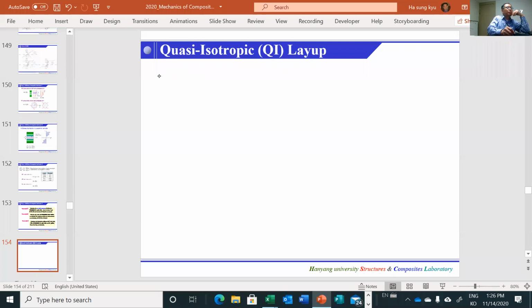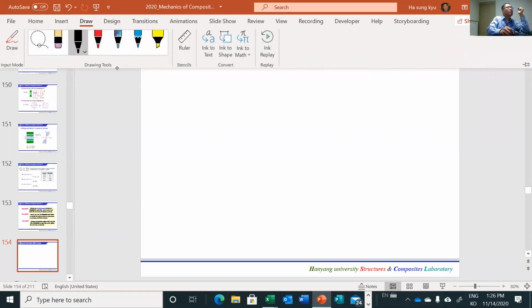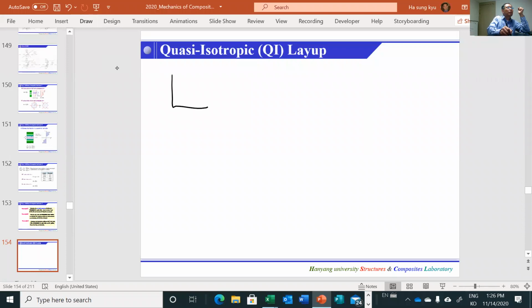Well, as you can see, we can layer, let's say 0, you have one ply, right? And another ply, I'm going to draw here. Another ply will be 45, like that.